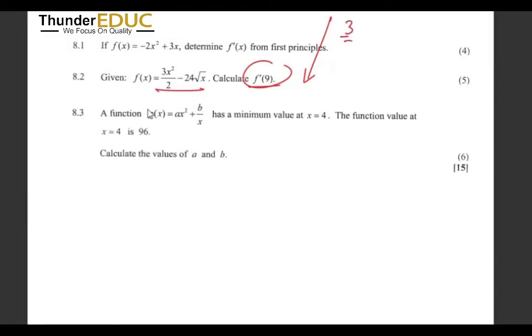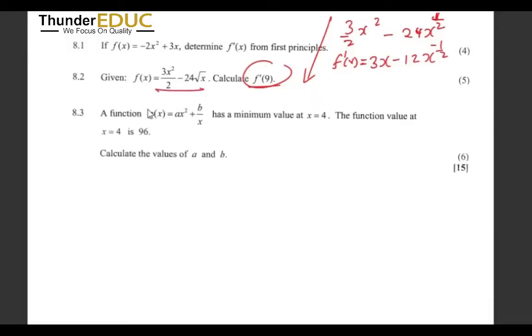So it's going to be 3 over 2 x squared minus 24x to the positive a half. Exponent a half. And then we know that the first derivative is going to be 3x. And then a half of that is going to be 12x to the negative a half.